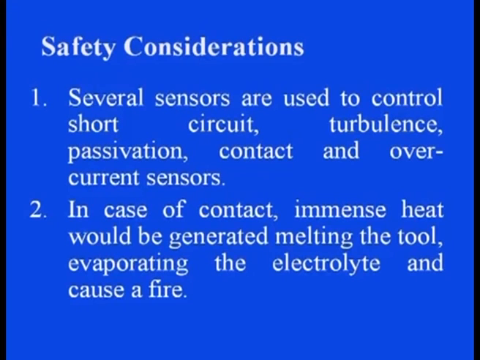Now, let us quickly review the safety considerations in ECM. Number 1, several sensors are to be used to control short circuit, turbulence, passivation, contact and overcurrent. Number 2, in case of contact, immense heat would be generated, melting even the tool itself, evaporating the electrolyte and could cause a fire.